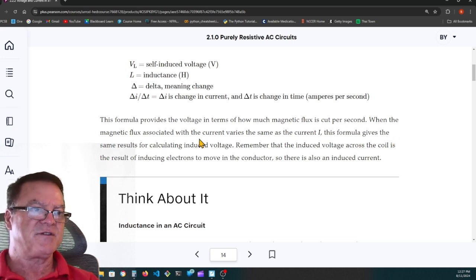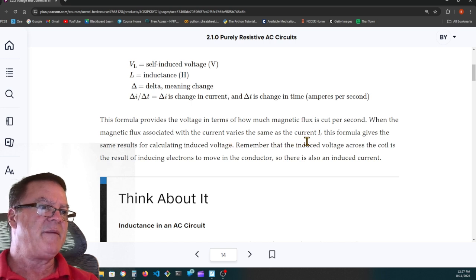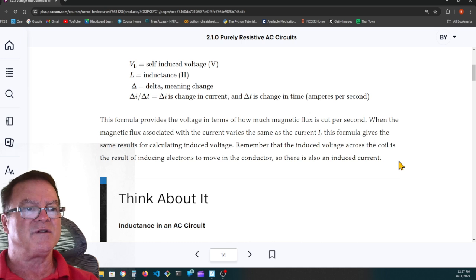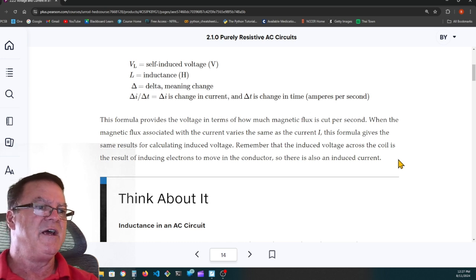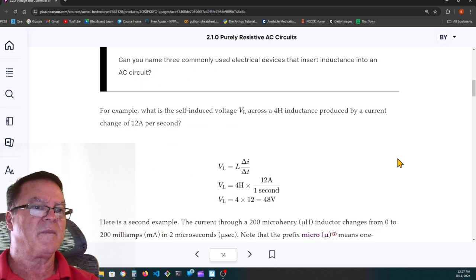The magnetic flux associated with the current varies in the same way as the current. This formula gives the same result for calculating induced voltage. Remember that the induced voltage across the coil is the result of inducing electrons to move in the conductor. So there is also an induced current. All right.